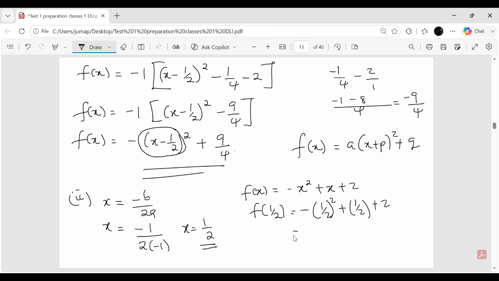This will be negative 1 over 4, then plus 1 over 2, then plus 2. As a result, I'm able to see that it is just equal to 9 over 4, which is just this value here.